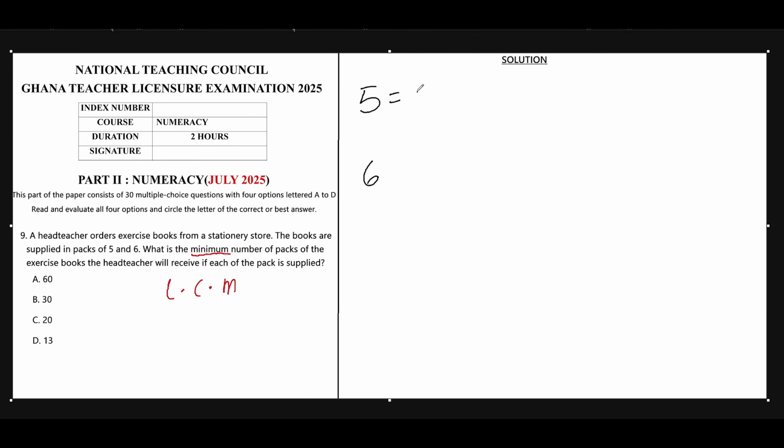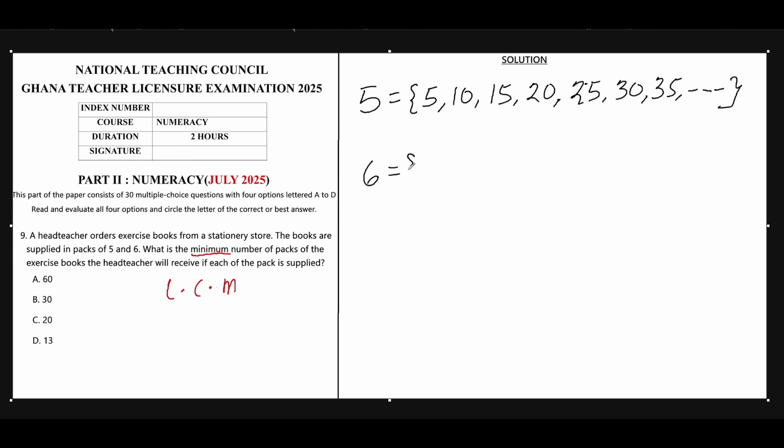So first of all, let's start with the multiples of 5. Multiples of 5, we have 5, 10, 15, 20, 25, 30, 35, 40, 45, 50. In that order, it goes to infinity.